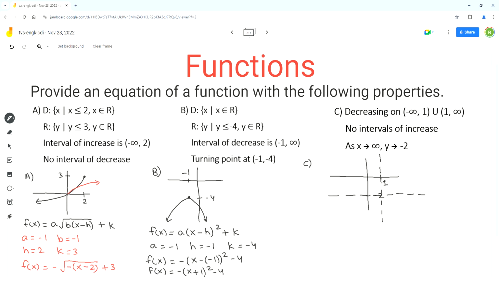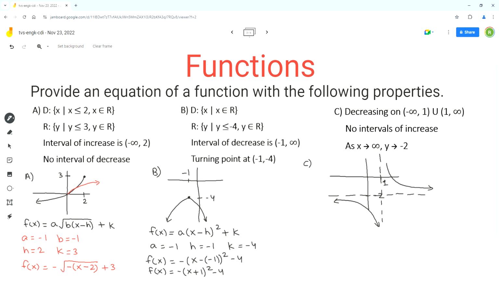That means as we go from left to right, the function value or the y value should decrease. As we know, the graph of a reciprocal function is drawn in the form of two curves. So as we go from left to right, the two curves should go down. So we can draw the first curve like this, and the second curve can be drawn like this.